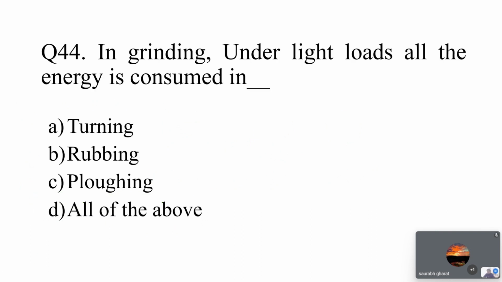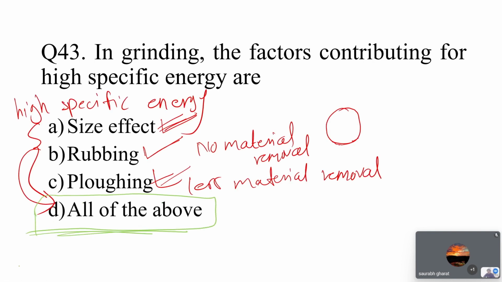In grinding under light loads, all the energy is consumed in what process? As I told you previously, at the starting, sufficient force is not applied, so just rubbing is happening here.